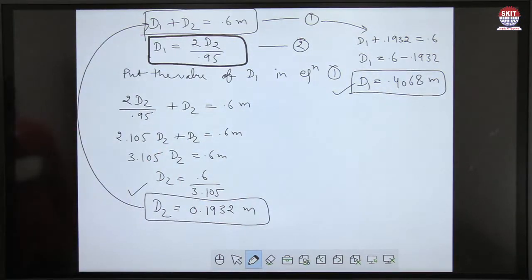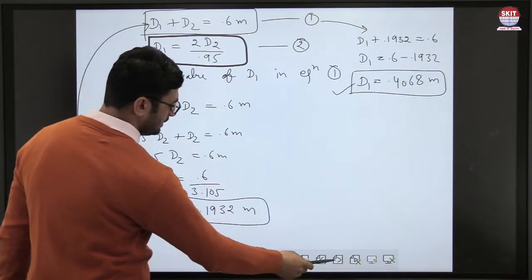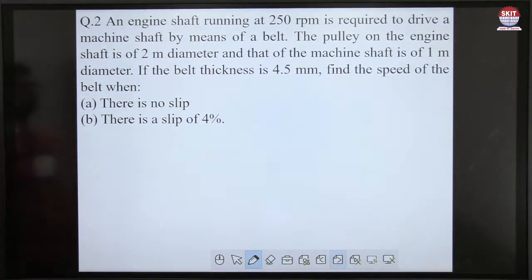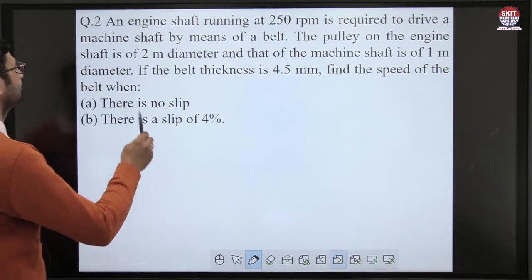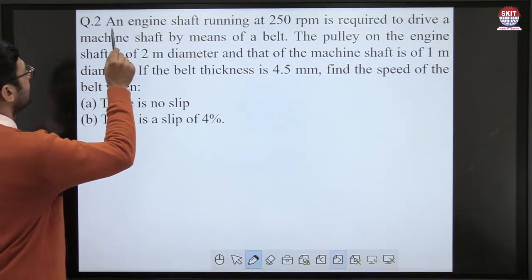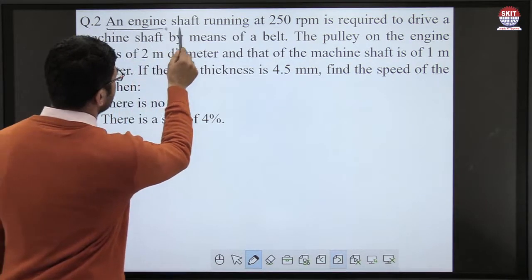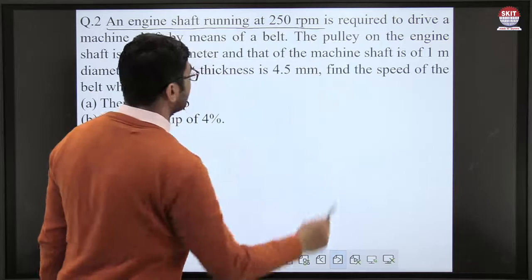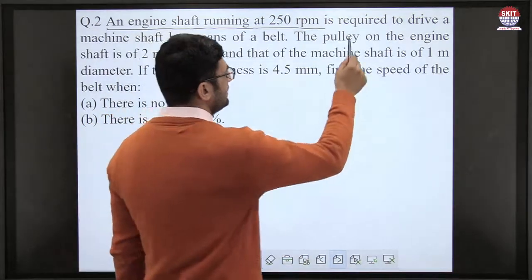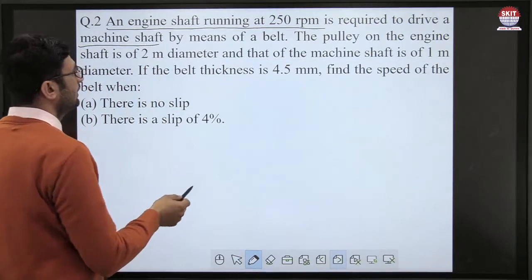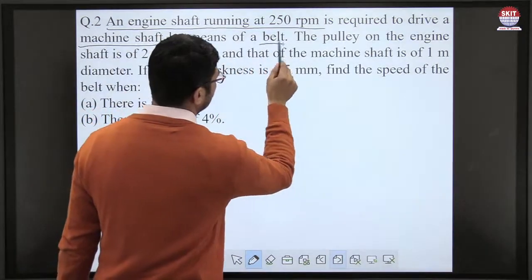Okay, now the second numerical on velocity ratio is this. In the second question, an engine shaft running at 250 rpm is required to drive a machine shaft by means of a belt.